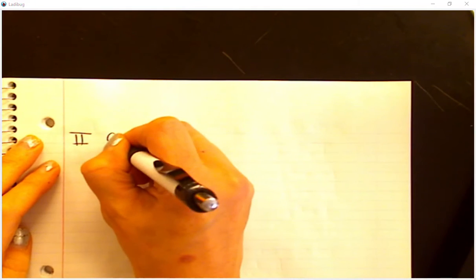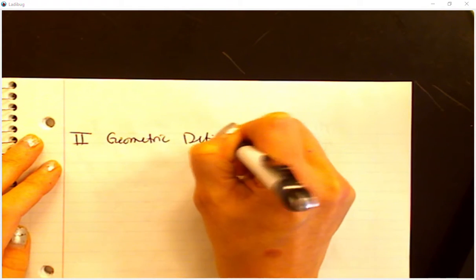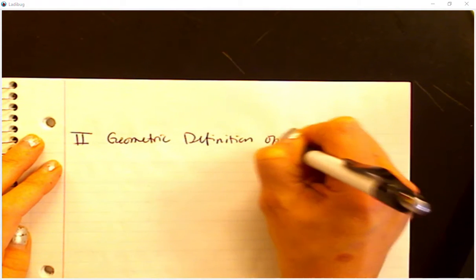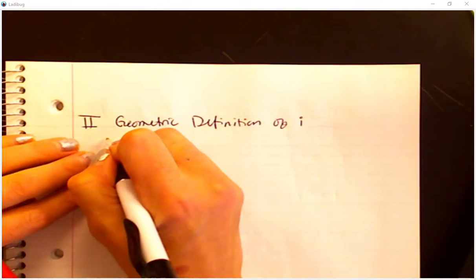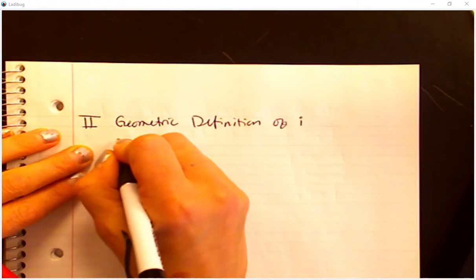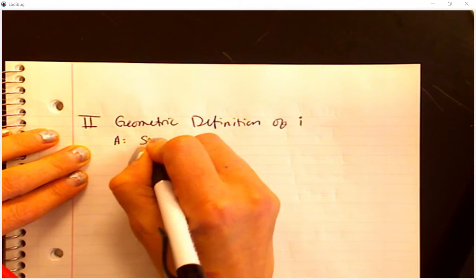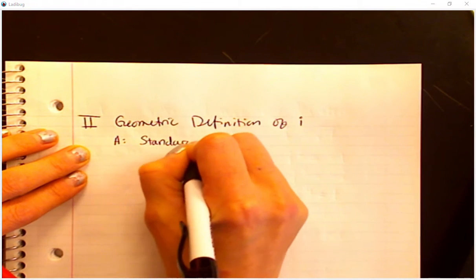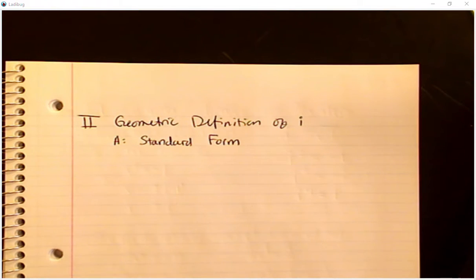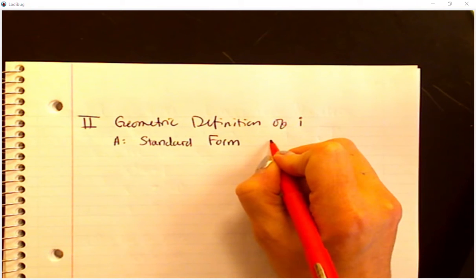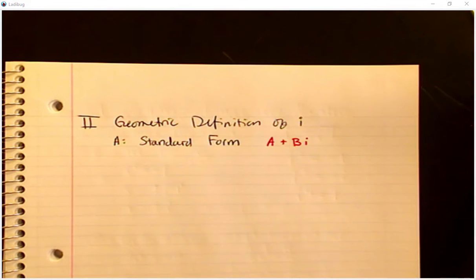Okay, so the geometric definition of i. Okay, so we have standard form, which is, I'm going to use capital letters, A plus Bi.